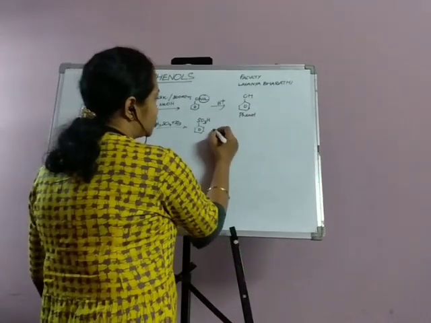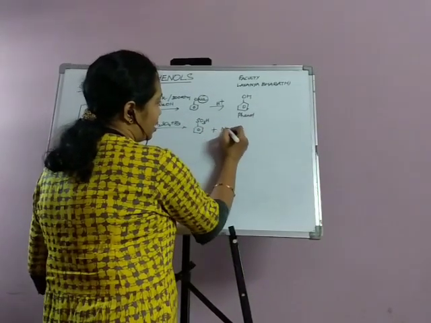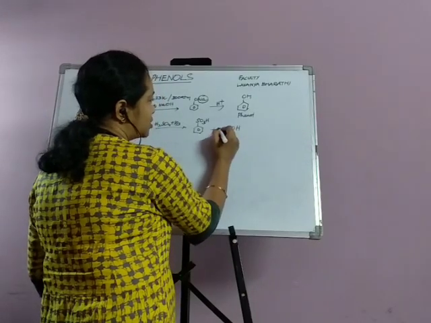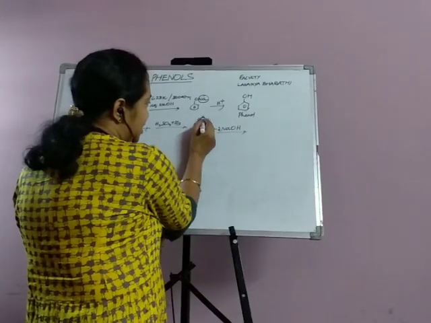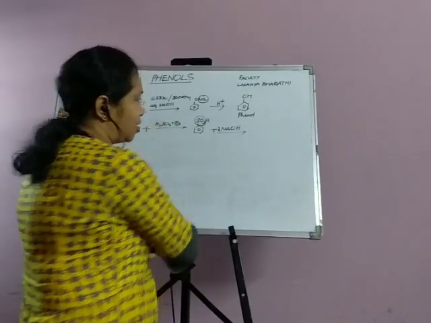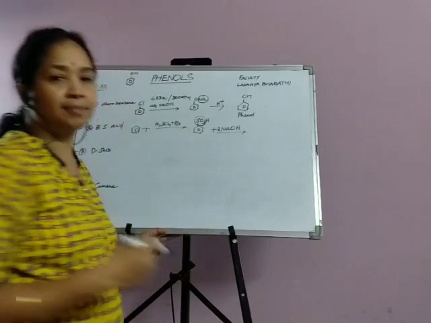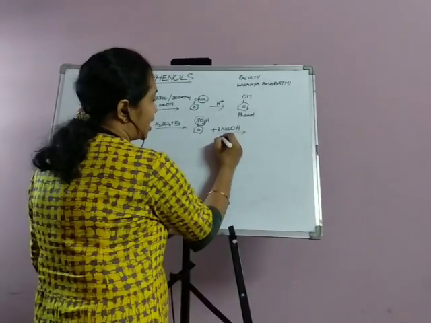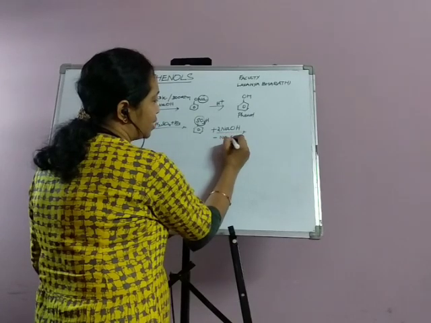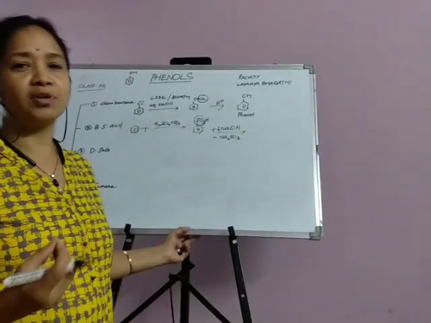Now, this is treated with NaOH. 2 moles of NaOH are taken. Now here you can see there is an SO3 group. This SO3 comes out in the form of sodium sulfite, like here I am writing minus Na2SO3. You have to understand this.